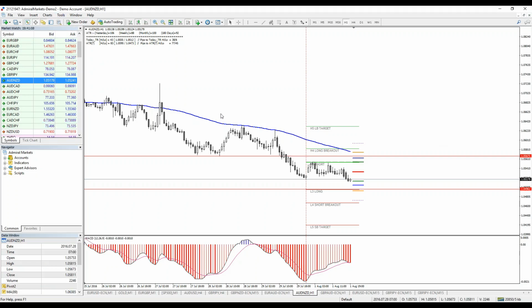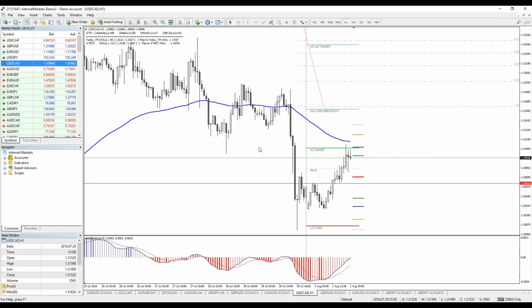Emre is asking, what do I think about dollar CAD? Let's see. I don't see it here. Here. About dollar CAD, well, actually it's at resistance now.